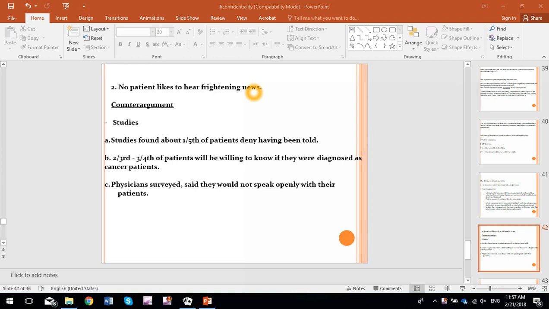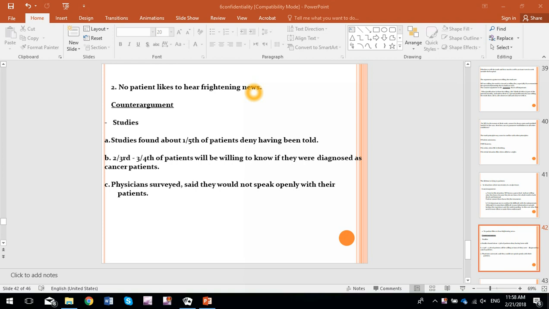In one study, 20% of patients denied that they had been told about their illness, while the physicians said we told them about their illness. Either they did not hear it or they did not understand it. But again, still there is 20% of patients who denied being told about their illness.